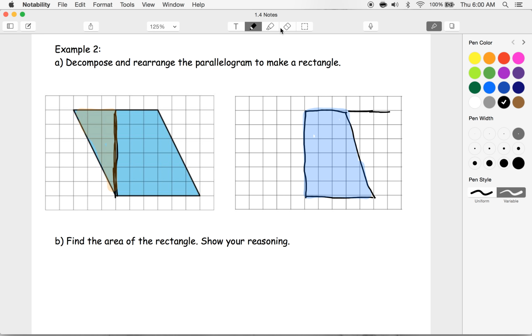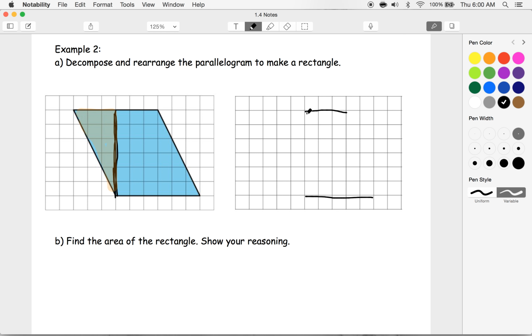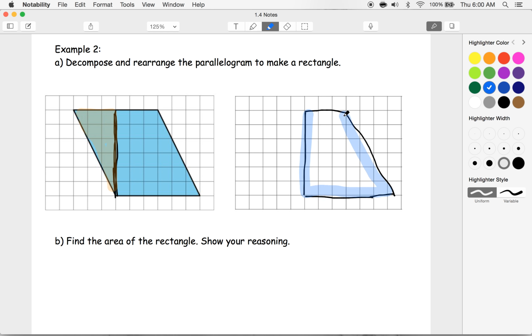Uh-oh, I just realized I didn't make this line go far enough. All right, time out. We're going to redraw this again. See, I think my line just wanted to go that far the whole time. Okay, color in this blue. Now we got the right shape.